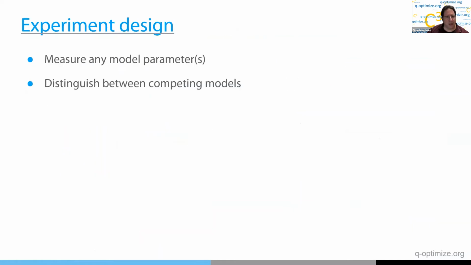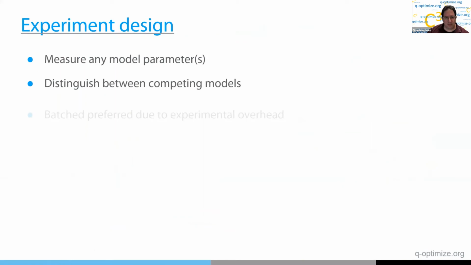Another thing we're working on right now is experiment design, meaning you have a model and you want to design pulses that will measure any parameter or parameters from the model, or distinguish between two competing models for which the current data is unable to tell apart.